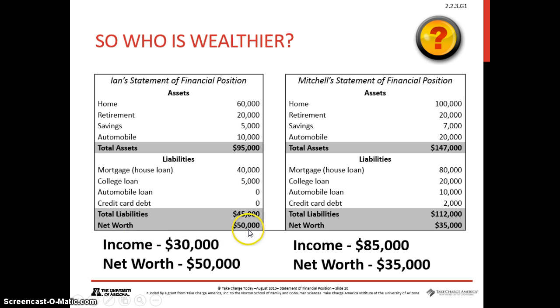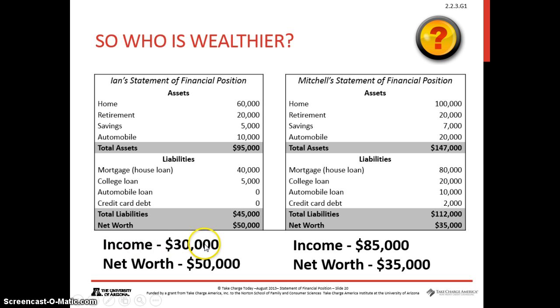So his net worth is $50,000. Mitchell owns $147,000, and he owes $112,000. So his net worth is $35,000.